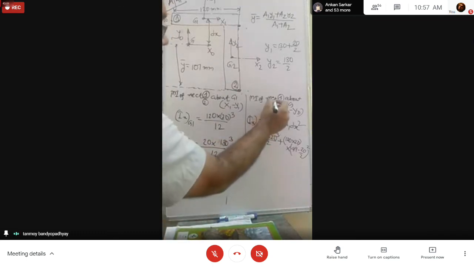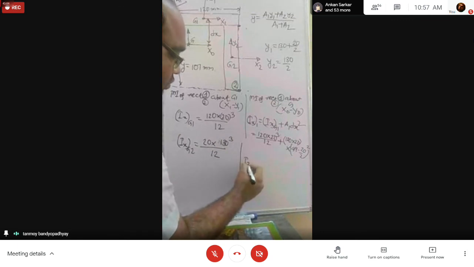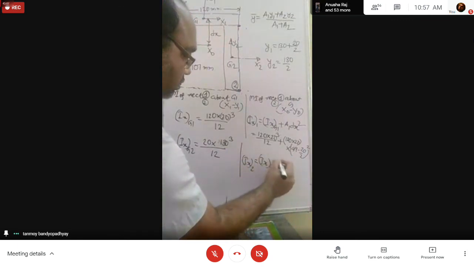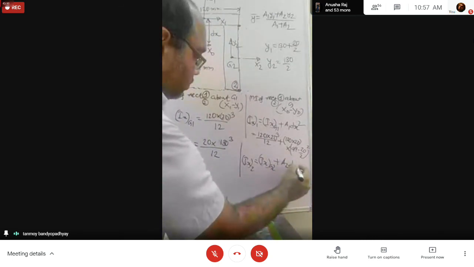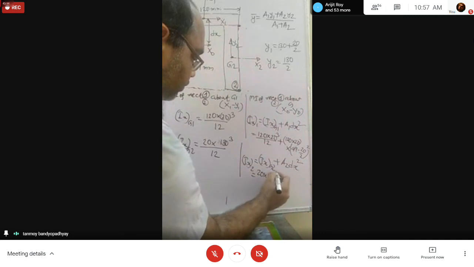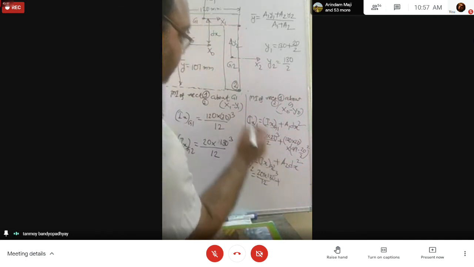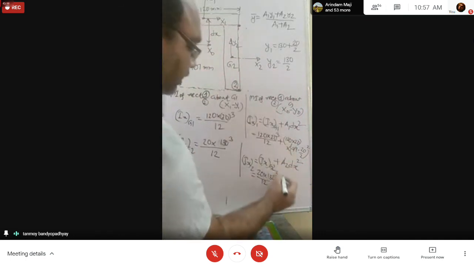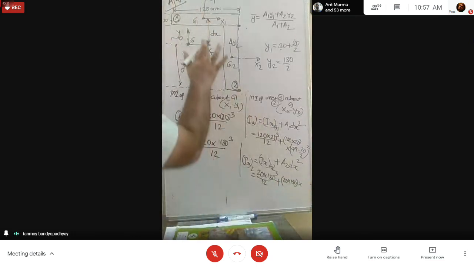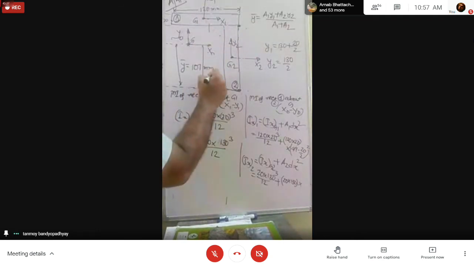And for this, Ix2 should be equal to Ix g2 plus A2 into dx square. So this is 20 into 130 cube divided by 12 plus A2, which is 20 into 130, into dx, the distance between the axes.